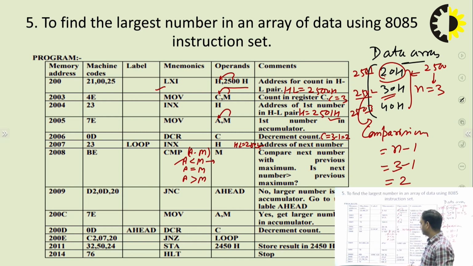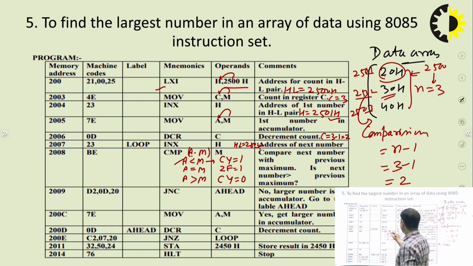Only the flags will be affected. If A is less than M, carry will be generated, so the carry is 1. If A is equal to M, the zero flag will be set. If A is greater than M, the carry flag will be 0. So these flags will be affected by using the comparison instruction.